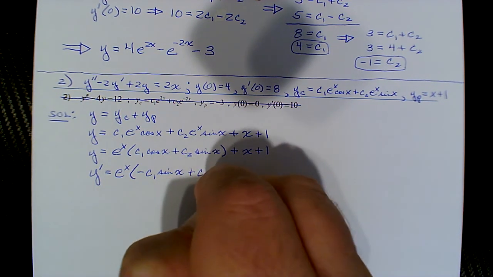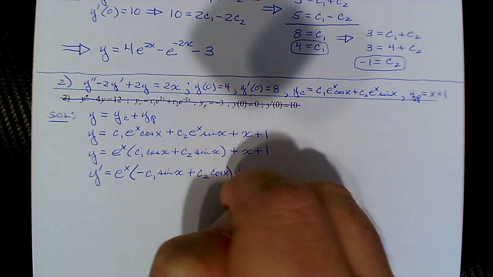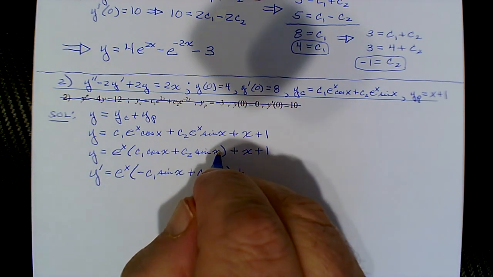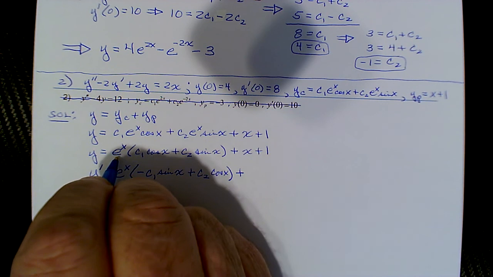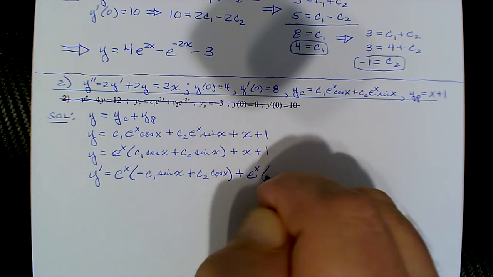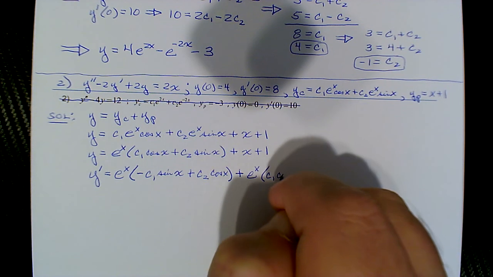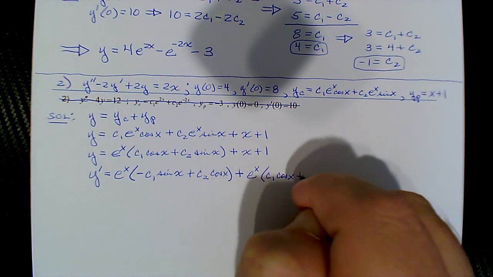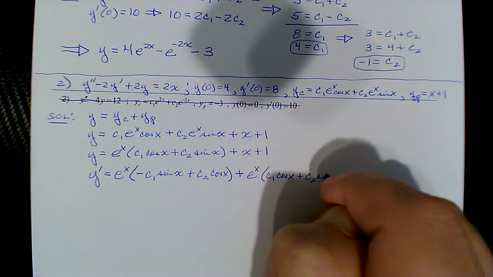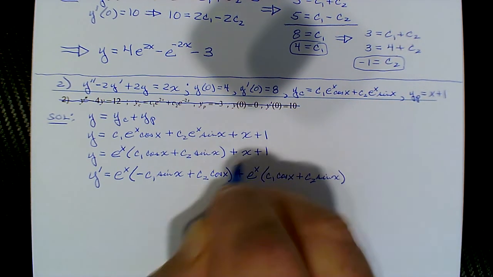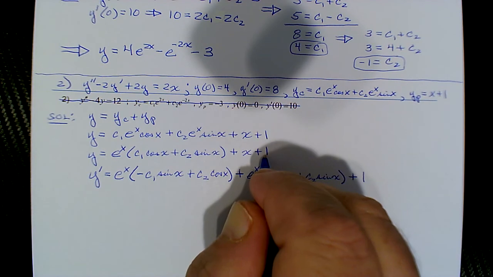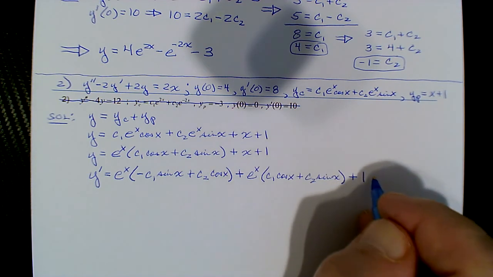That's just the first part of the product rule, plus the second factor, what's in parentheses, times the derivative of the first. The derivative of e to the x is just e to the x, so it's e to the x times, then recopy what's in parentheses, the c1 cosine x plus c2 sine of x, and then the derivative of x was plus 1, and the derivative of the constant 1 would be 0. Alright, so that's all we need.